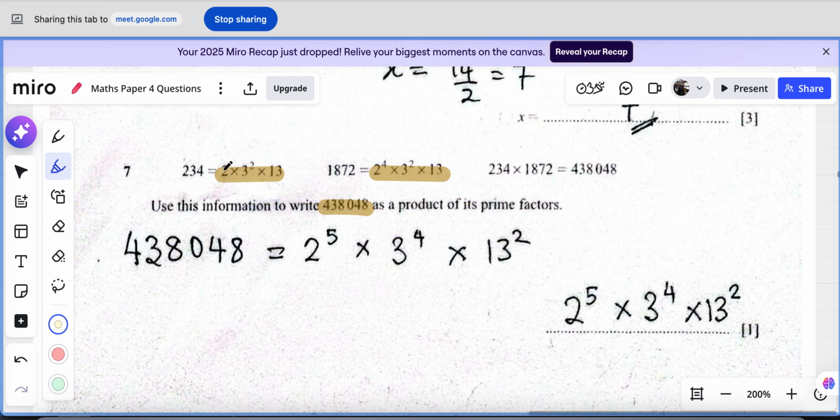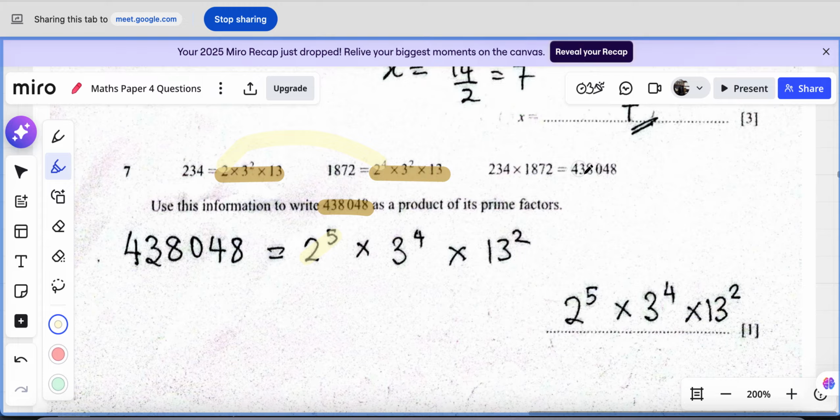So 2 to the power of 1 multiplied by 2 to the power of 4 will be 2 to the power of 5. That's how we got 2 to the power of 5, because this number multiplied by this number gave this huge number.